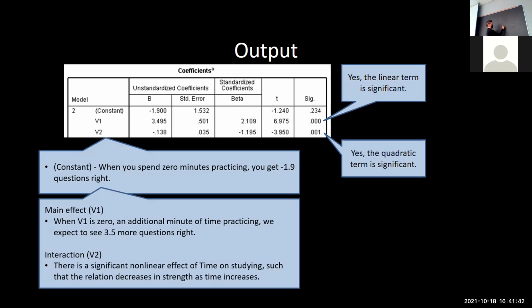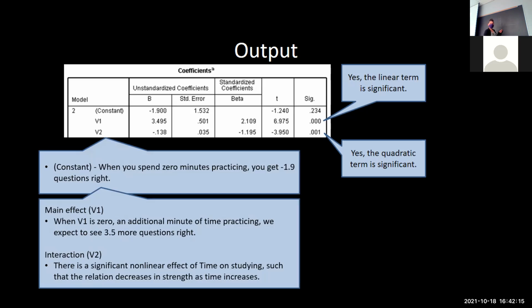So this is 0 minutes, this is 1 minute, 2 minutes, 3 minutes. I know it's going to go up by 3.5 points the first time.